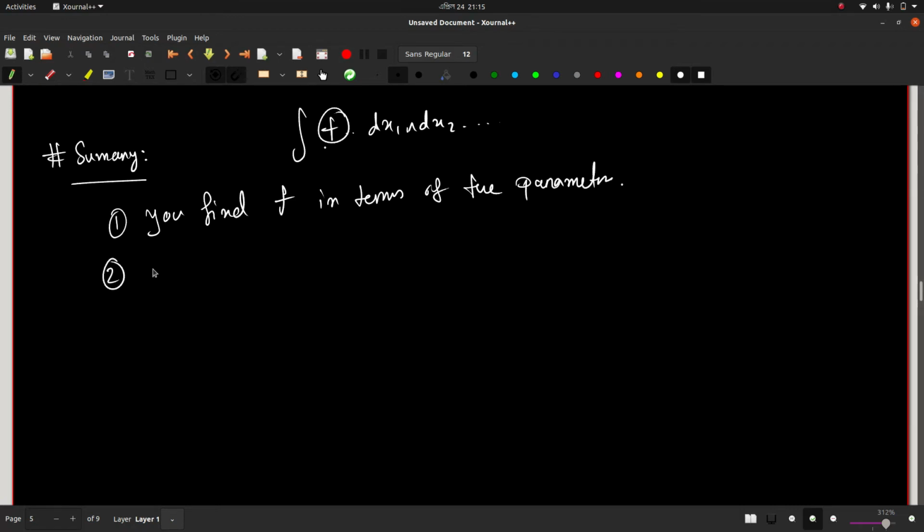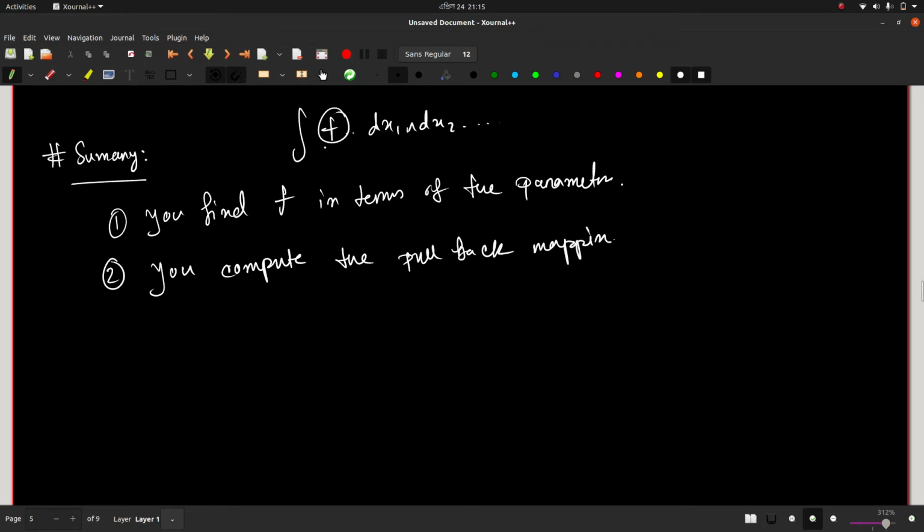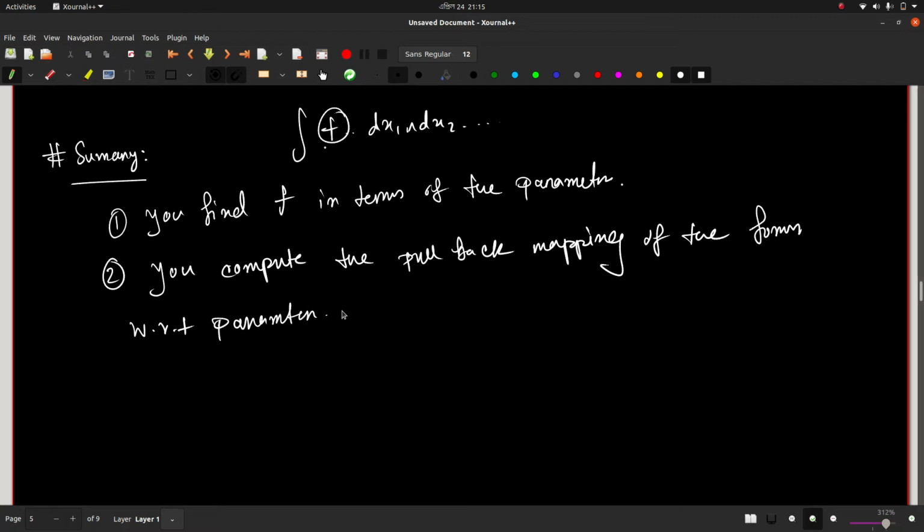Second, you compute the pullback mapping of the forms with respect to the parameter, because that's how pullback works.